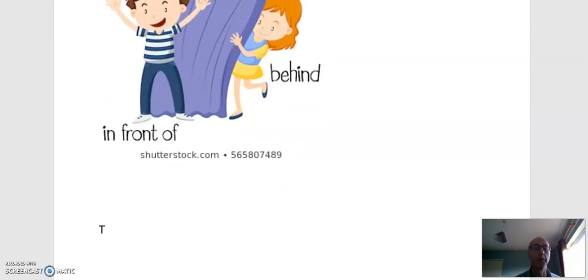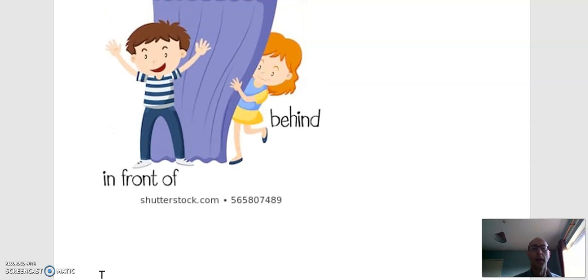Oh, we have two here. So the thing in the middle, this blue thing here, is a curtain. So where's the girl? The girl is, as we can see in the picture, behind the curtain.